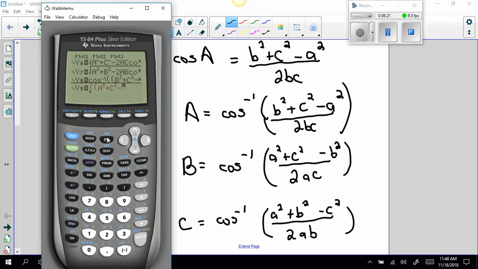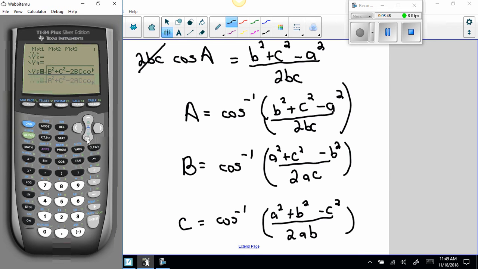Okay, I got this. Okay, alpha B squared, parenthesis for the numerator, divided by parenthesis 2 alpha A alpha C. Inverse cosine.